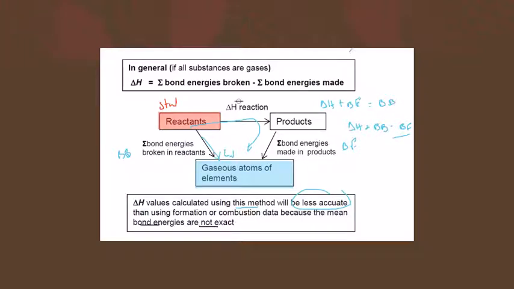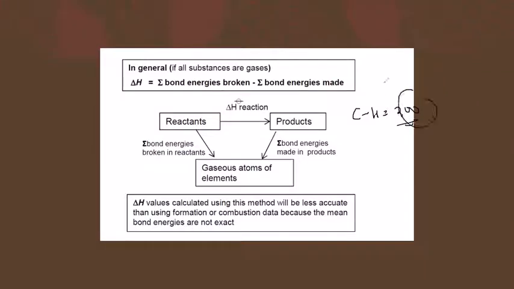As I mentioned in the beginning, if we say the mean bond energy for a C-H bond is 200 kilojoules per mole, it is a bond break, which is endothermic, so it requires 200. But in practice it will not be 200 because that is the mean or average bond energy, and it depends on the neighboring atoms attached to carbon. So the mean bond energy may vary.